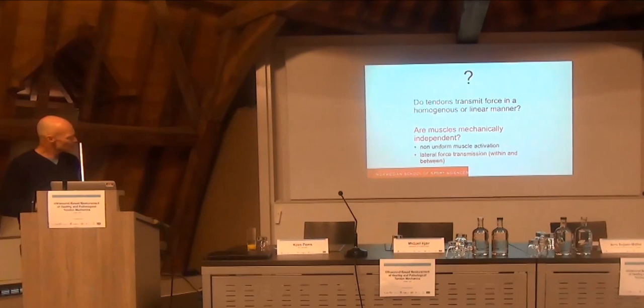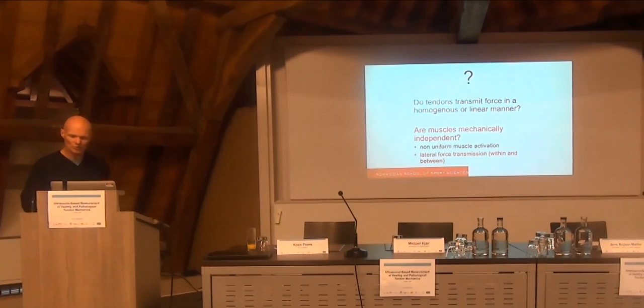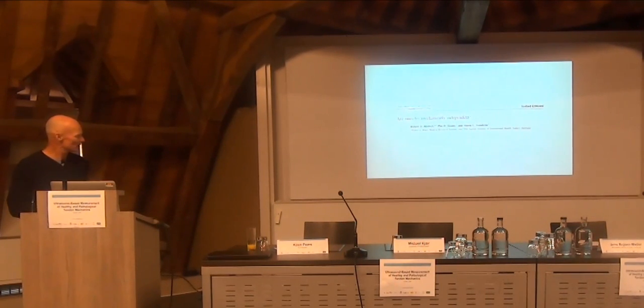So finally, it seems that there's non-uniform muscle activation, but could it be that also force is transmitted between muscles that are located very closely in a limb like a human limb? And this discussion doesn't come out of nowhere.